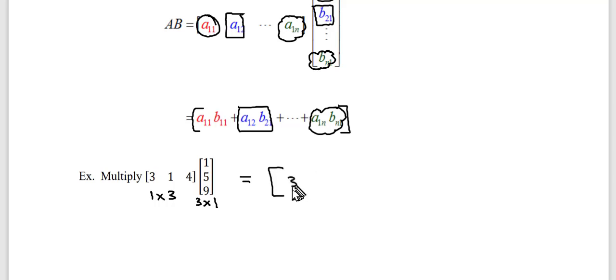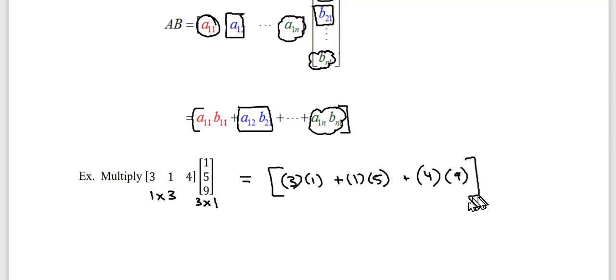We multiply the 3 in this first position by the 1 in the first position in the second matrix, plus 1 times 5, second position, plus 4 times 9. That is 3 plus 5 is 8. Plus 36 is 44.